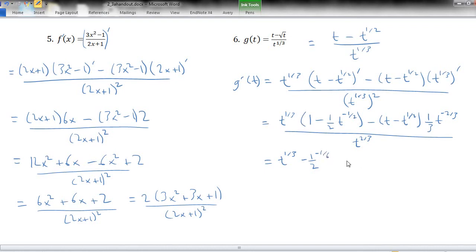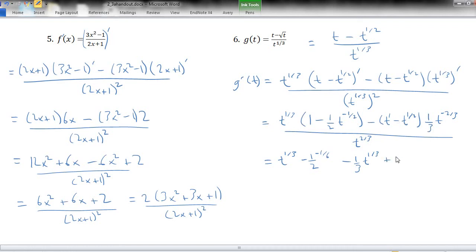All right. And then on the right side here, we have negative 1/3 t times t to the negative 2/3. That's an exponent of 1, right? So 1 minus 2/3 is 1/3, t to the 1/3. And then in the second term here, I have minus a minus, so those signs go away.